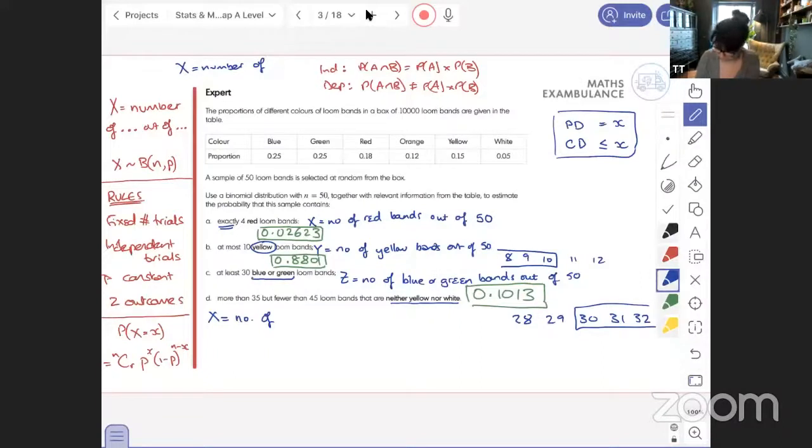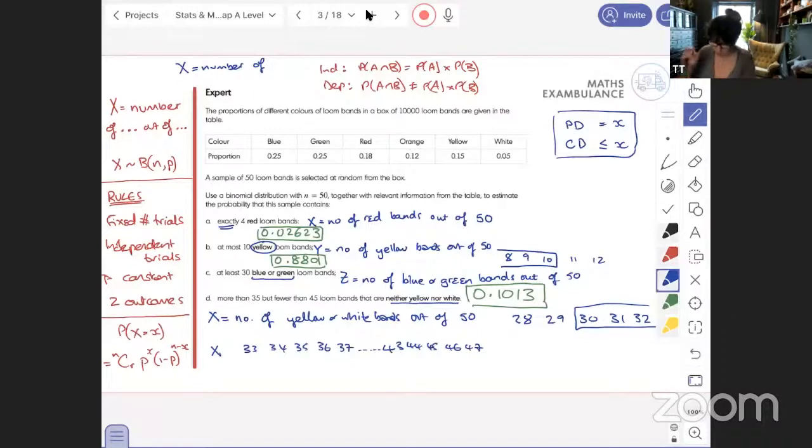Yellow whites, okay. Number of yellow or white bands out of 50. Is it still 50? Yes. Now, here's my number line. 33, 34, 35, 36, 37, and so on, 43, 44, 45, 46, 47.